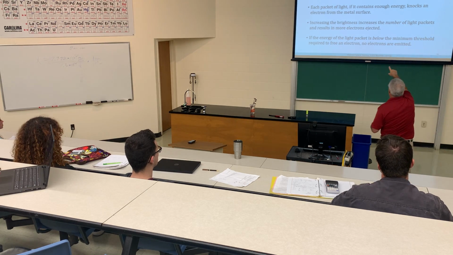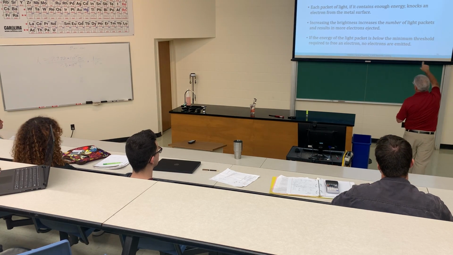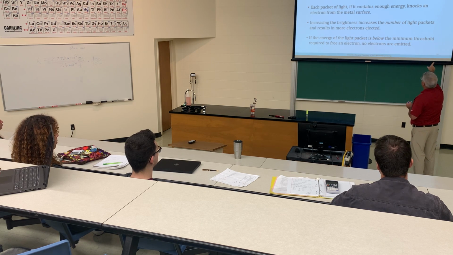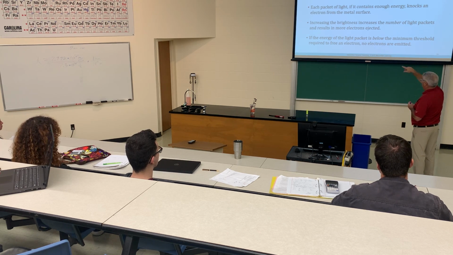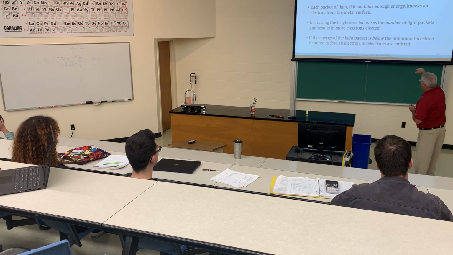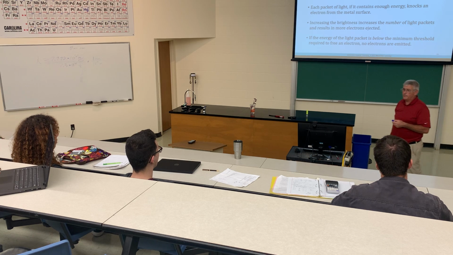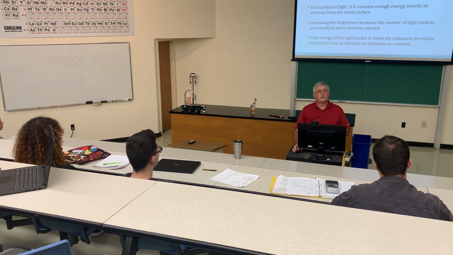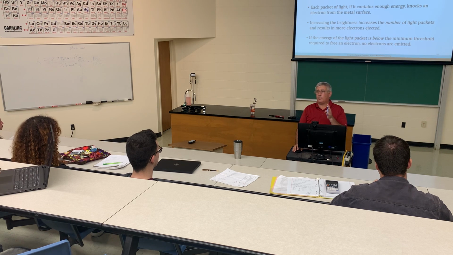Each packet of light, if it contains enough energy, knocks an electron from the metal surface. Increasing the brightness increases the number of light packets, and the result is more electrons ejected. If the energy of the light packet is below the minimum threshold to free an electron, no electrons are emitted. So in other words, the frequency of light is important in this, right?